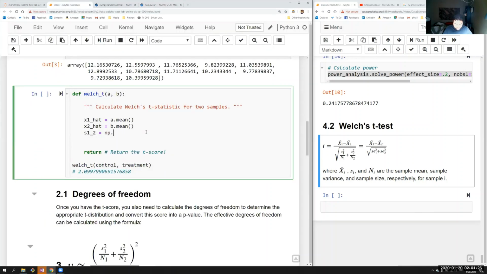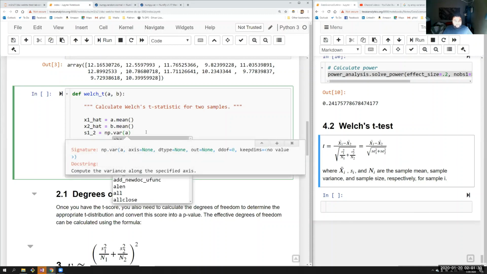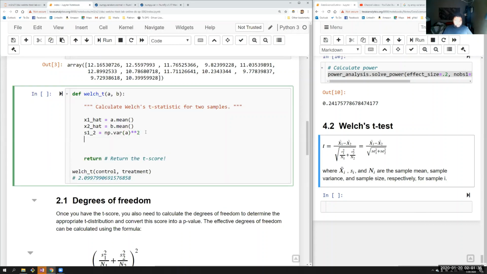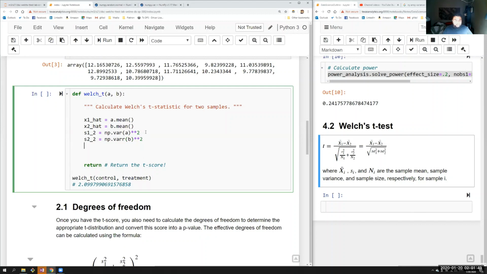So let's do np.var and pass in a. That should give us the variance of a. And we're going to raise that by 2. So now let's do the second sample's variance squared, which is going to be np.var of b. Again, we're going to raise it to the 2.